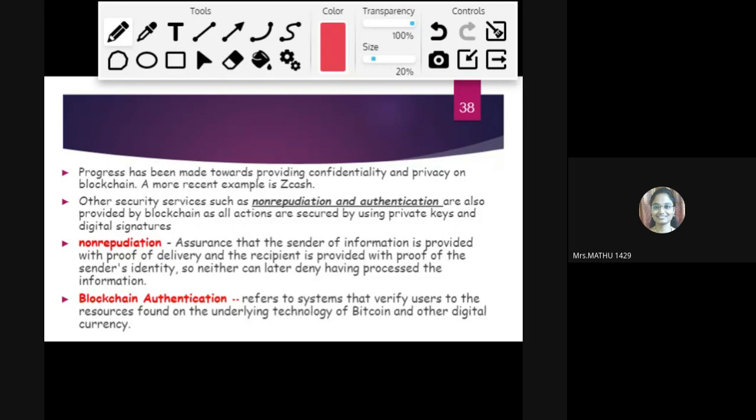See, in the case of physical currency, when you pass on a 100 rupees note, you give it to a shop owner, and the shop owner in turn gives it to another person for an exchange of coins or something, and then that person gives it to another person, and it goes on.